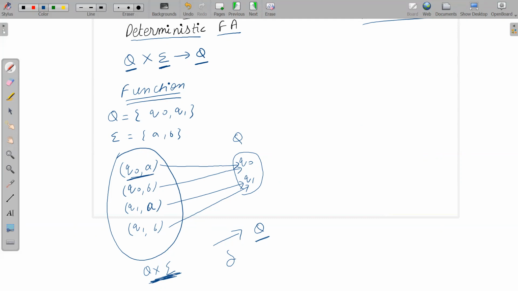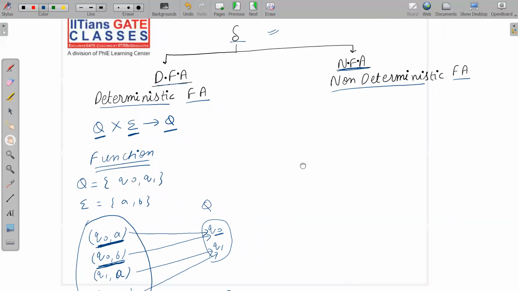You can link with anyone, but the main thing is each and every element will be linked to exactly one element of Q. I hope you already know all these things about functions. So this is all about DFA.